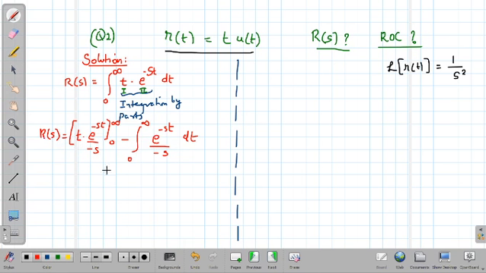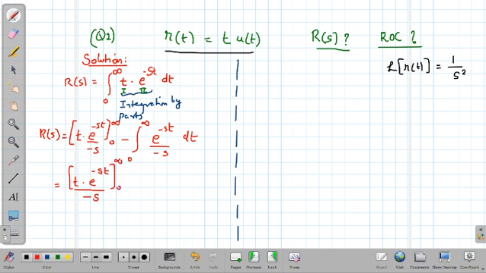For the moment we will keep the first term as such, and we'll integrate the second term, and then we will apply the limits together. So R(s) is t e^(-st) divided by minus s from limit 0 to infinity.